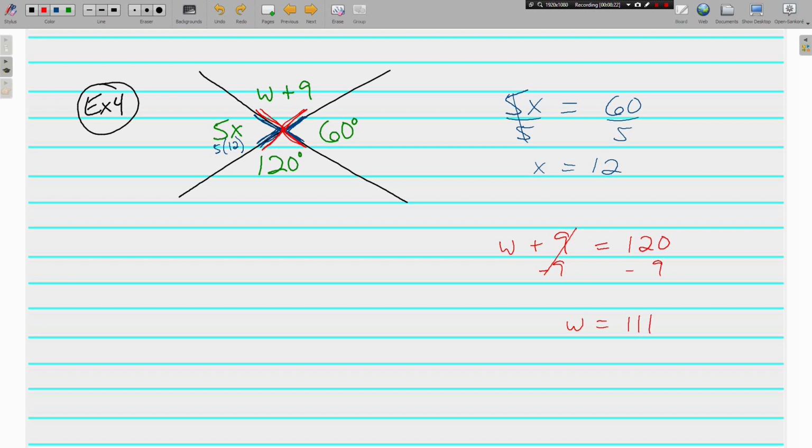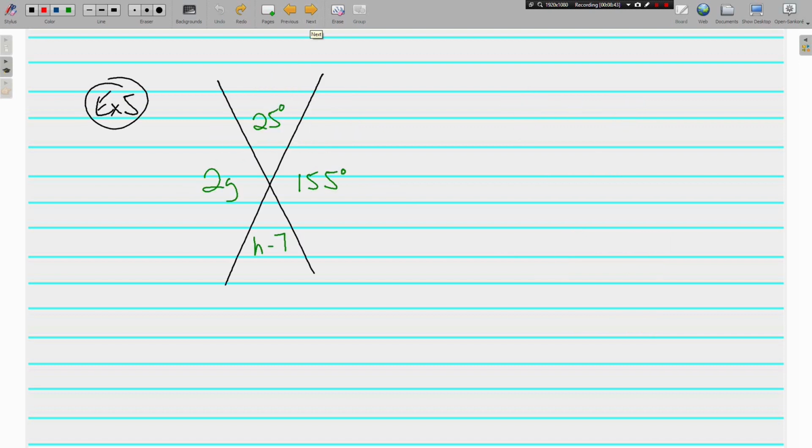That's not degrees, that's just what w is. 111 plus 9 gives us that 120 degrees. Okay, so remember, vertical angles are congruent. And did I do another example? I did. One more example with vertical angles.